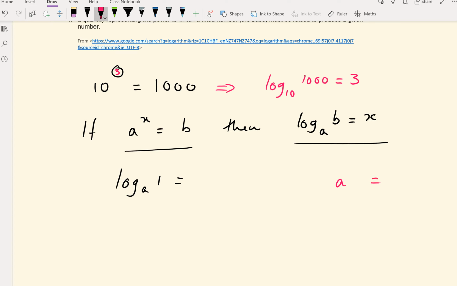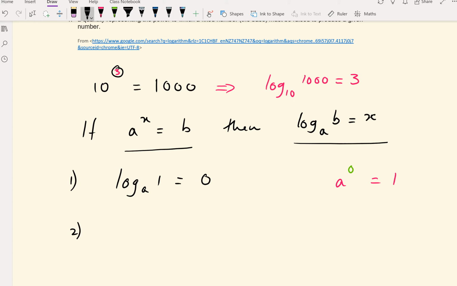I want to get the number 1. So what is the power that I must raise that to? Well, it must be the power 0, mustn't it? So the log to the base a of 1 is always going to be 0. So that's the first definition point that we need to consider.